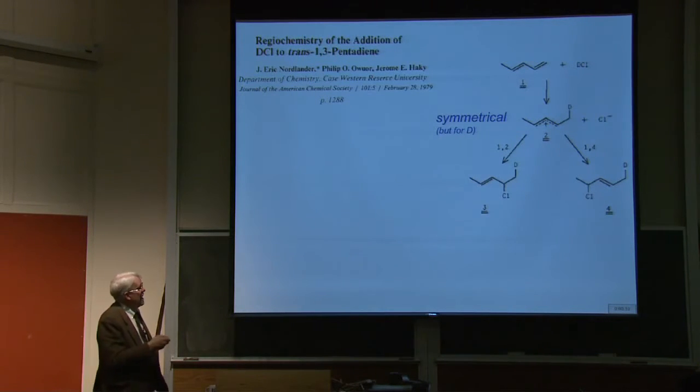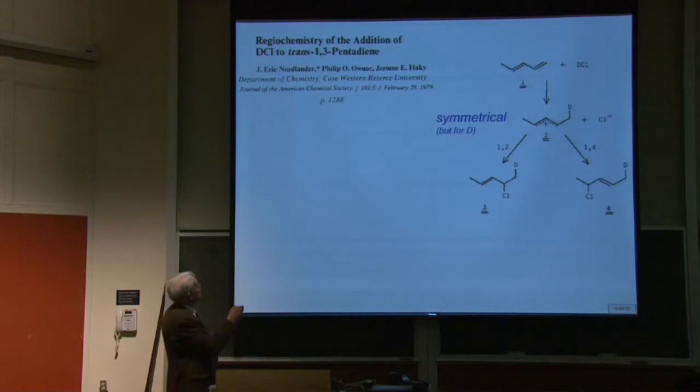So if a bromide now comes in, or in this case they use chloride, it could attack either here or here. If it attacks here, you get the 1,2 addition, D and Cl. If it attacks here, you get 1,4 addition, D and Cl.